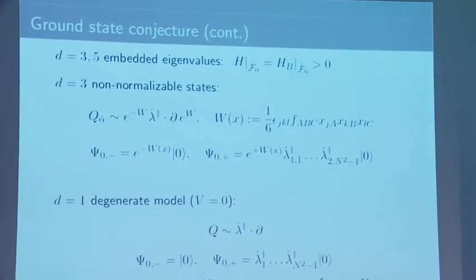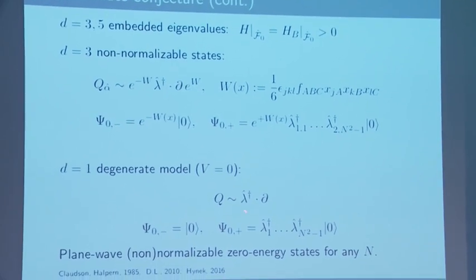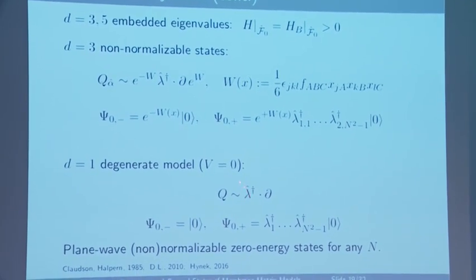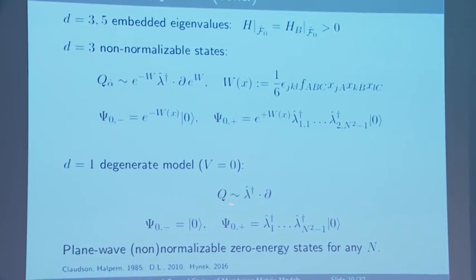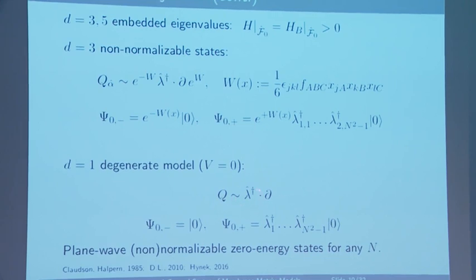And also in the one-dimensional case, you can think of this as a plane wave model, where the supercharge is just essentially a derivative times a fermionic variable. So again, you can just take states which are constant with respect to that. So either you take 0 fermions or full number of fermions, and then acting with the derivative, it's just 0.